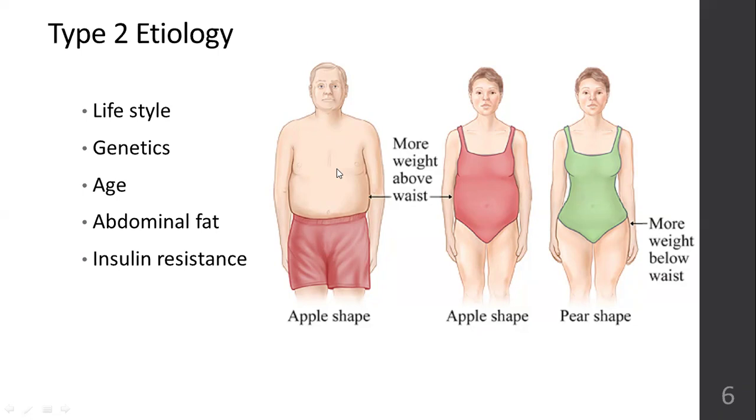Then insulin resistance, as I mentioned. Cells are resisting insulin. Cells are not responding to insulin, so that leads to blood glucose levels staying high. It is not getting into the cells. That is a situation called insulin resistance. So if you manage insulin resistance initially, you can push diabetes off as long as possible.